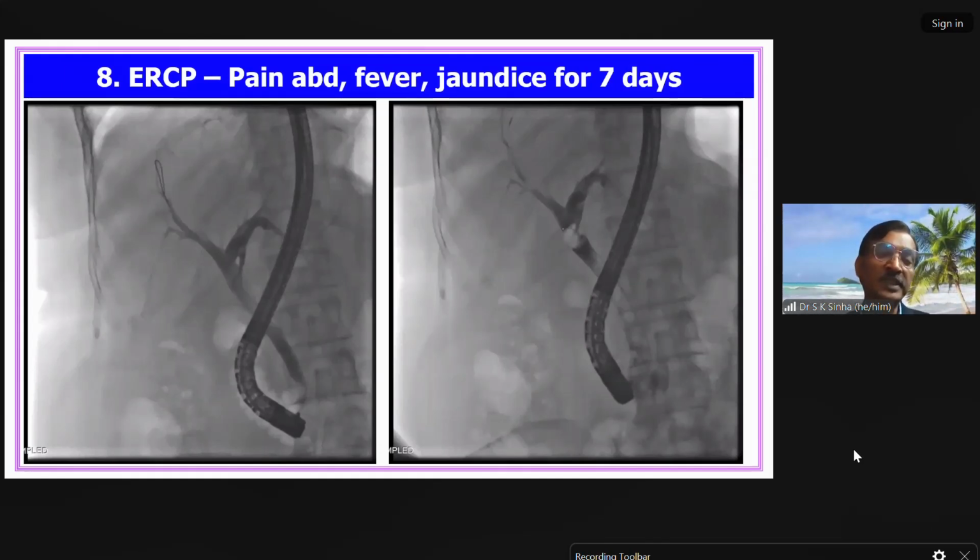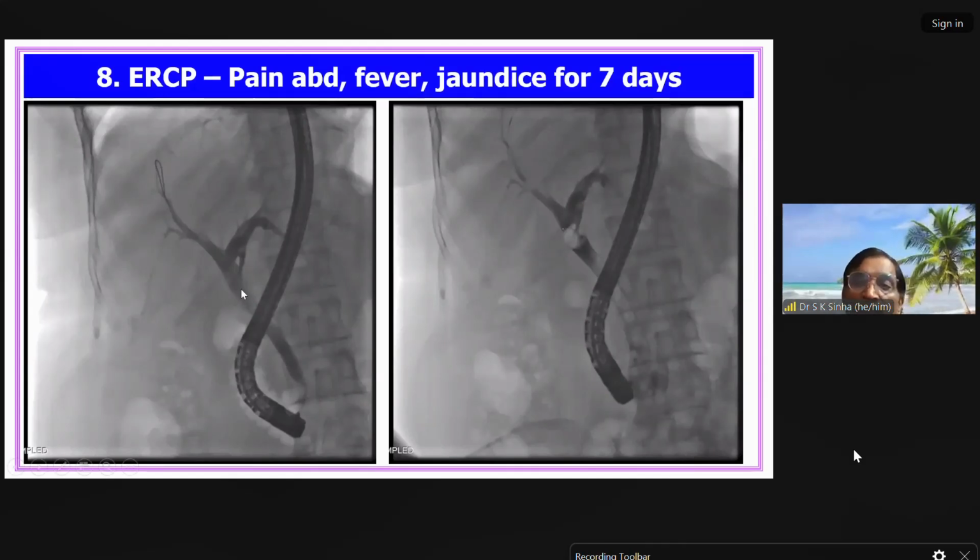So there are some special techniques which are required for demonstration of stones. The most common, which is described in all the books, is you use diluted contrast. 33% to 50% saline you add to contrast, and that contrast you will use, then the stone will be visible, because otherwise dense contrast behind or in front of the stone makes it invisible, which happened in this situation.